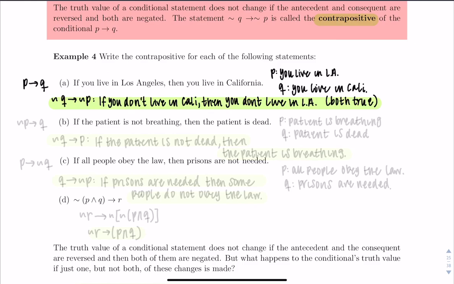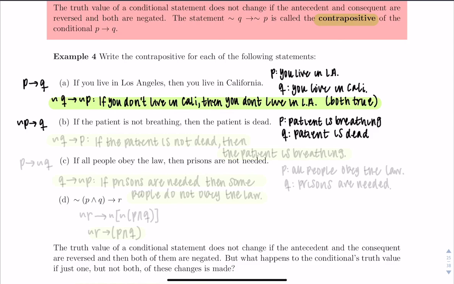If the patient is not breathing, then the patient is dead. So I'm going to let P be patient is breathing. And I'm going to let Q be patient is dead. And so the original statement they gave us is if not P, then Q. And so what we want to do is we flip and negate.